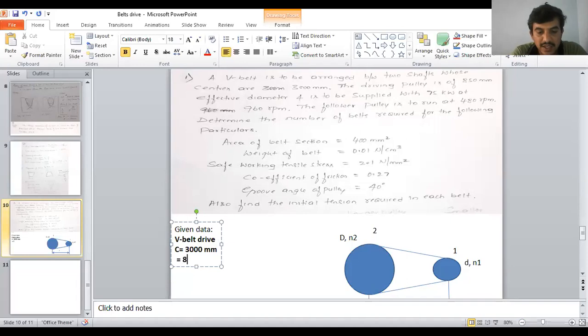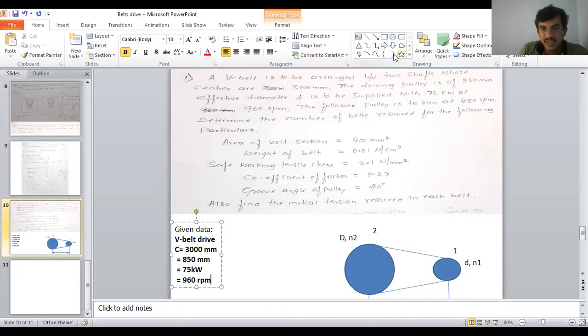The driving pulley is 850 mm effective diameter and is to be supplied with 75 kilowatt at 960 rpm.